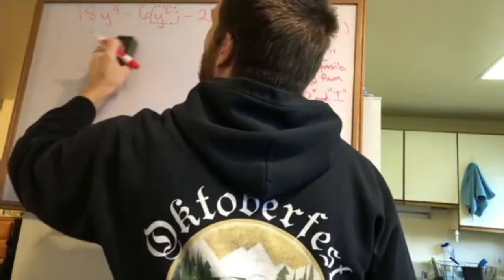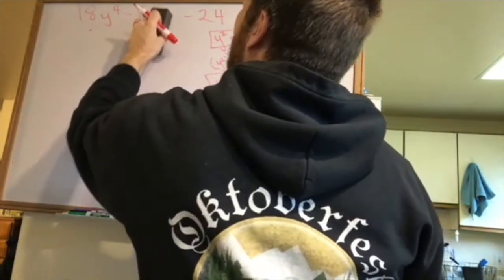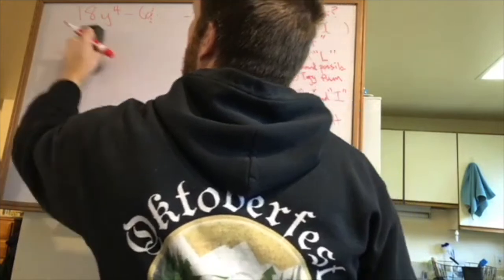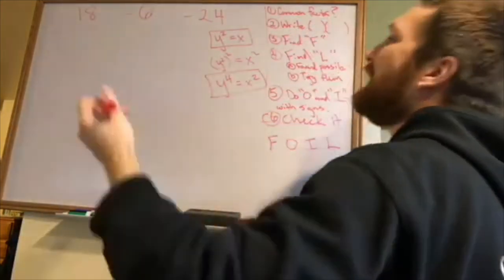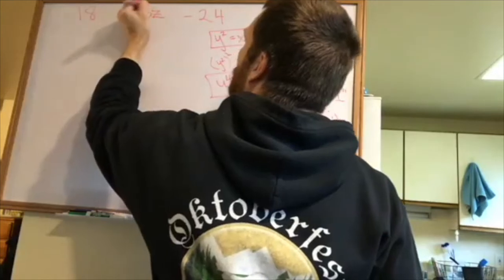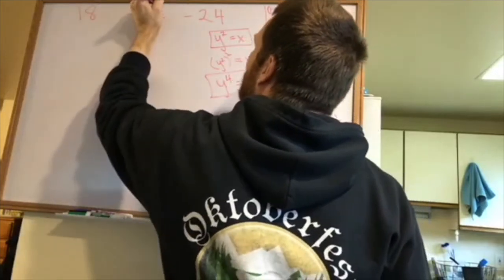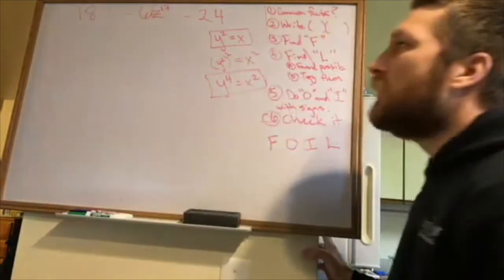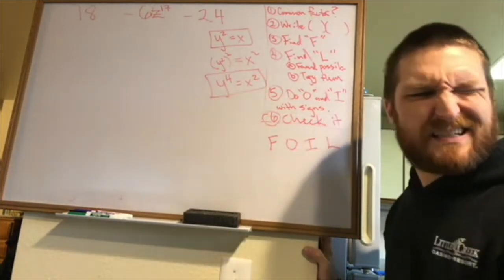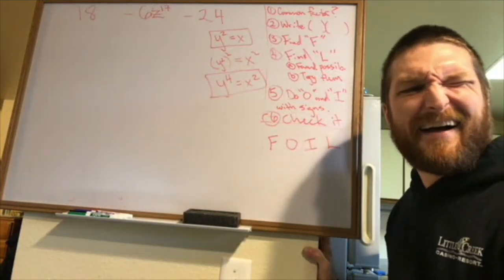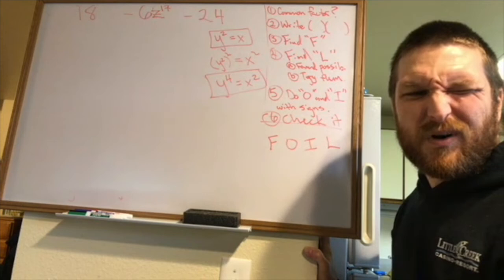if we had the same thing, but instead, let's take any number. How about z to the, I don't know, 17th? Well, double 17 is what? What's 17 times 2? 34.